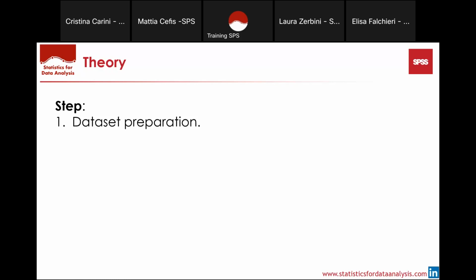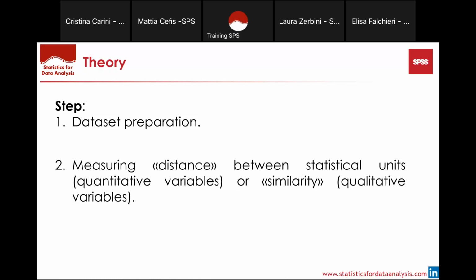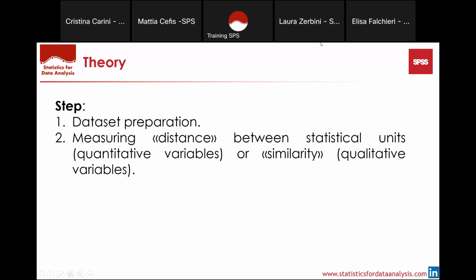It means data understanding, data cleaning, and data preparation in general. After this first step, the phase of measuring distance between statistical units for quantitative variables, or we talk about similarity for qualitative ones.